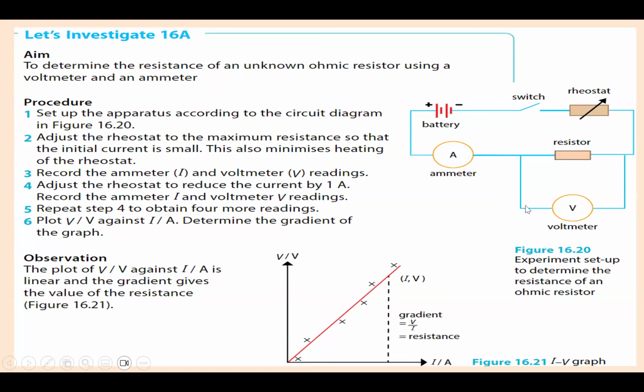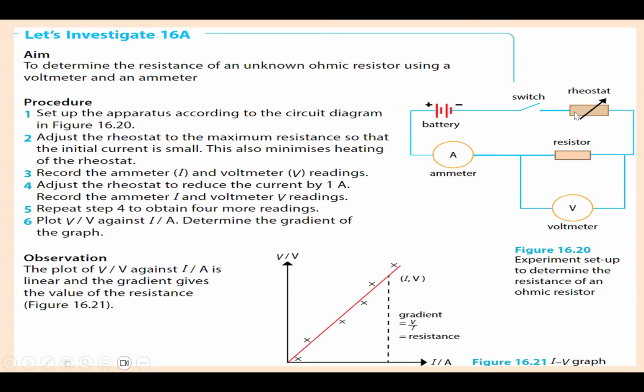So I put my voltmeter across this resistor to measure the potential difference across it, with the ammeter connected in series. The purpose of this rheostat is to vary the current, because whenever we do experiments, we don't just take one set of V and one set of I and then take V divided by I. We usually take multiple sets of V and multiple sets of I, and then we plot a graph.